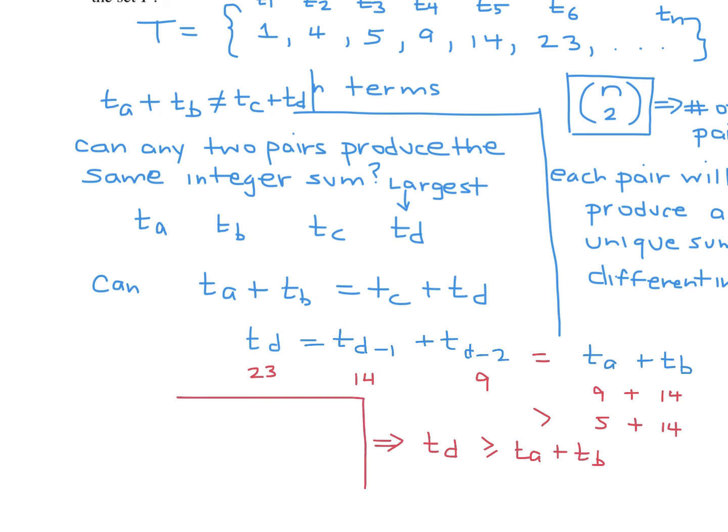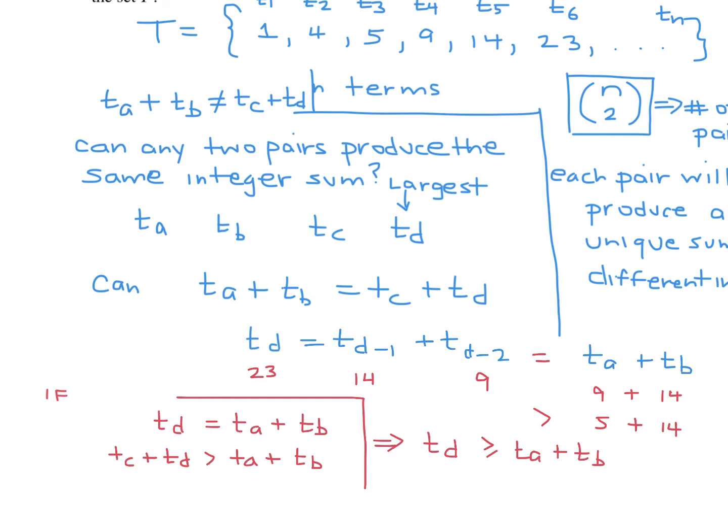So if that is true, then think about what happens next. Let's use the first scenario, which is TD is equal to TA plus TB. If it is equal, and then you add on a TC, like that, then that means that TC plus TD will be greater than TA plus TB, because TC is always going to be some positive number.